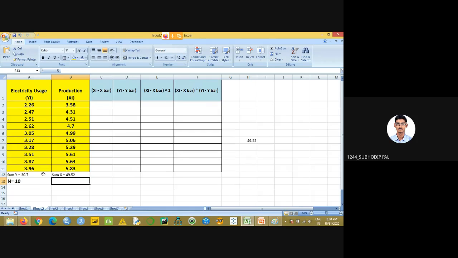Have you got this one? Sum of y is 30.7 and sum of x is 49.5. Yeah, got it.